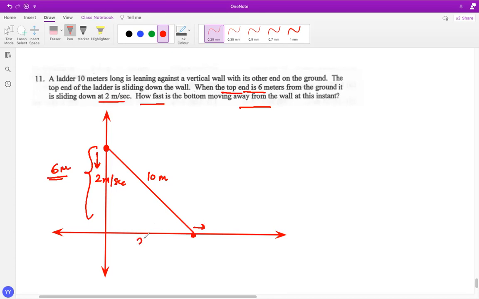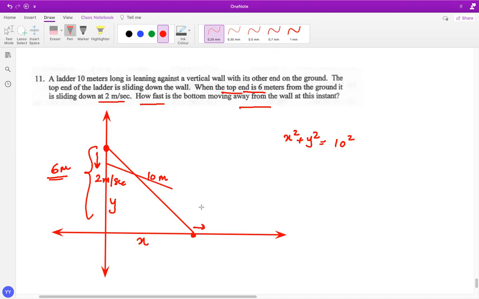If this is x, and this is y, then first I have to set up the relation, that is x squared plus y squared equals 10 squared. That's your relation, because the length of the ladder is always constant, irrespective of the position of the ladder.